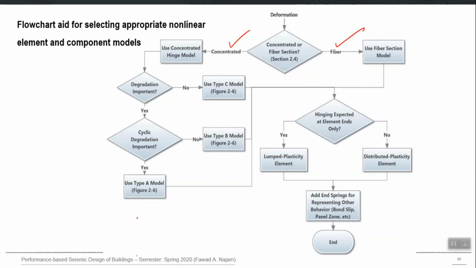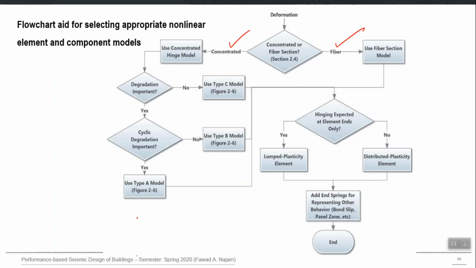So two main decisions you have to take for each action versus deformation behavior: whether that should be modeled as a force controlled action or a deformation controlled action, right? Whether you want to see the complete picture after the failure also, or you just want to detect that failure, right?